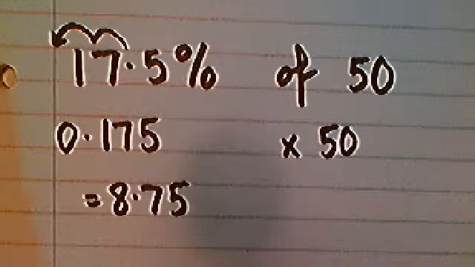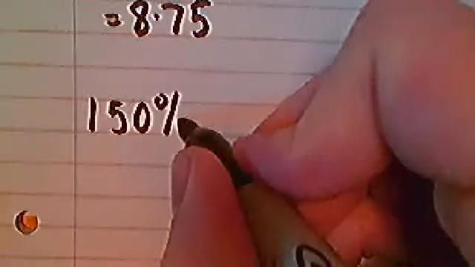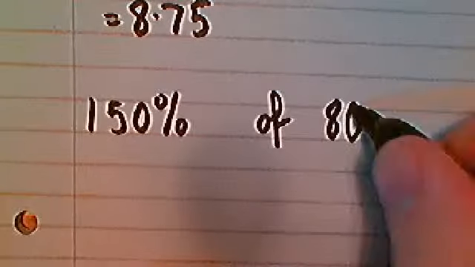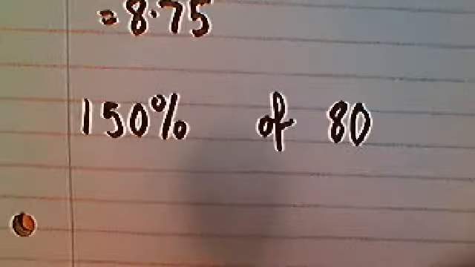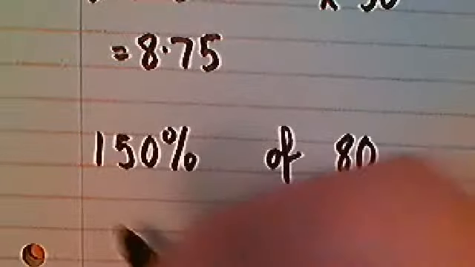Okay, that's fairly straightforward. There's one other circumstance where you might be a bit confused. It's where they might ask you for, say, over 100%. So they ask you for 150% of 80. Now, just like before, where I said we moved the decimal point twice, we do the exact same.